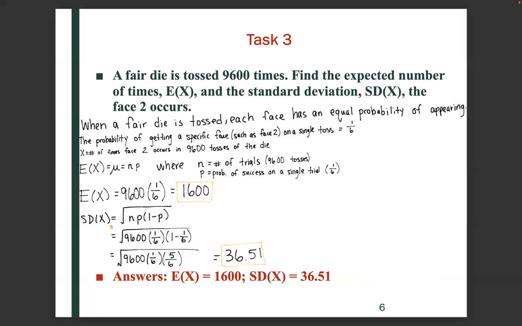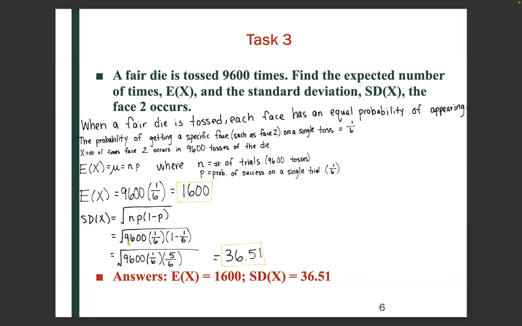And then the standard deviation is going to be the square root of n times p, the success probability, times 1 minus p, or the probability of failure.